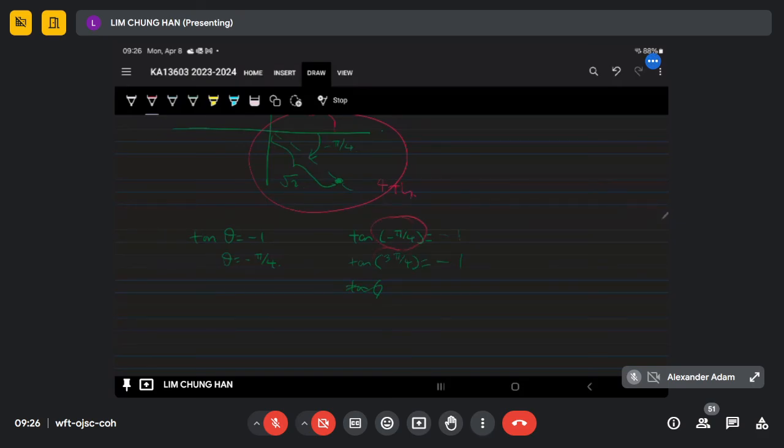But actually 3 pi over 4 is also an answer, but your calculator didn't give it to you, because there's a lot of possible answers. The calculator can only give you one. It cannot give you all the possible answers. But in reality, there's a lot of possible answers.